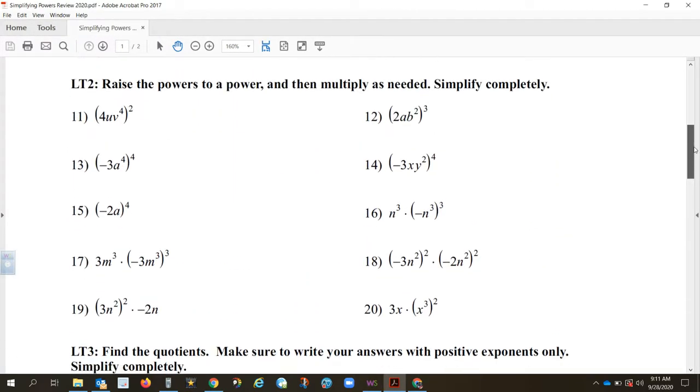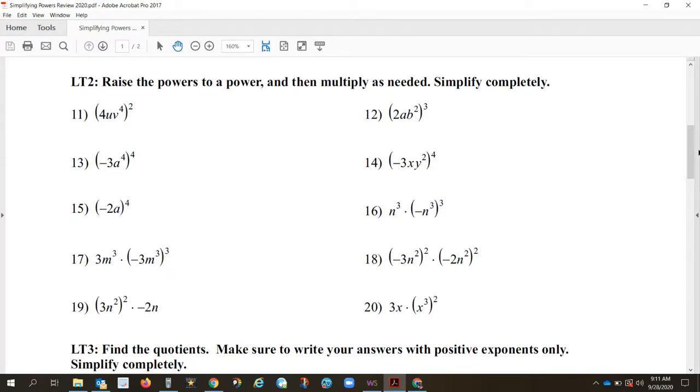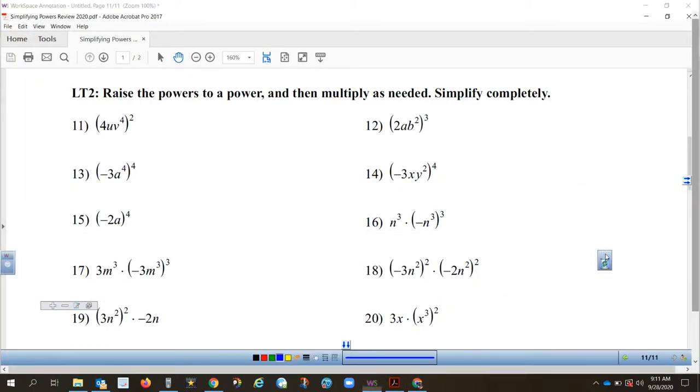Now let's go to raising to a power. Once again, we have our coefficients, right? And what are we going to do? We're going to raise the coefficient to the power.